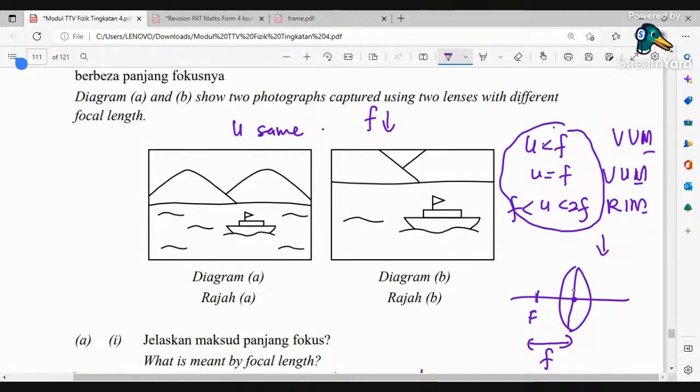Jadi yang ni image smaller, ini larger, ini smaller. So you akan dapati untuk lens in diagram A is thinner. Diagram A is thinner, focal length is longer. Yang ni focal length is shorter. Okay. So, kita tulis jawapan.